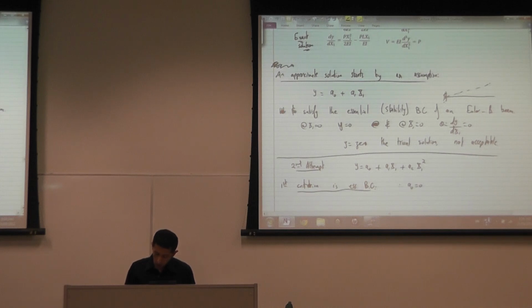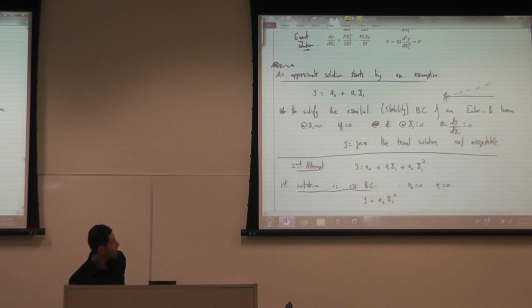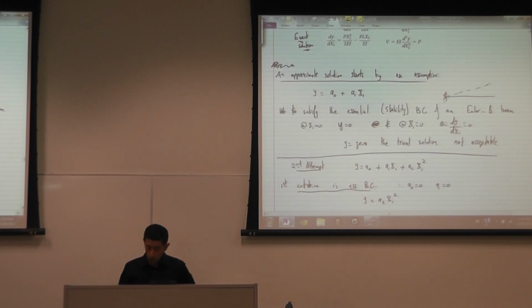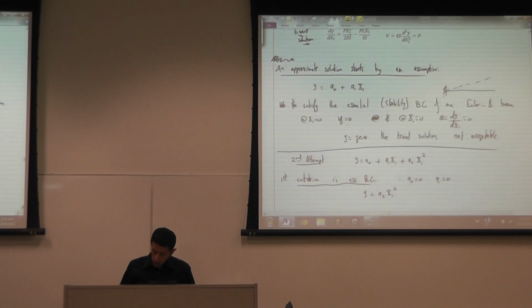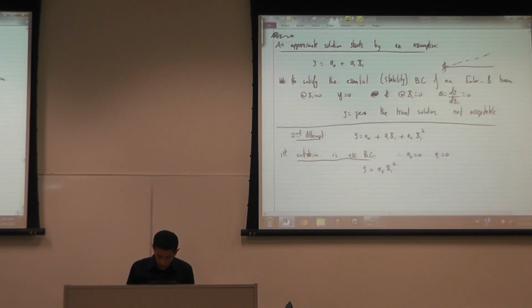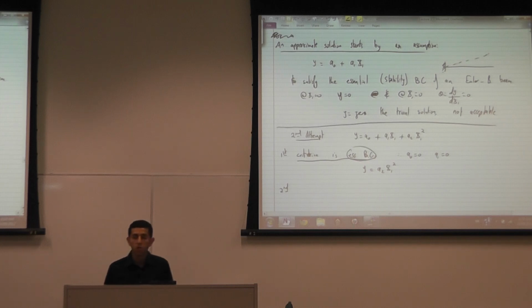A0 will be 0 and A1 will be 0, which means I'm assuming that this is my displacement of the beam. So the first difference between this and the previous problem is the boundary conditions. The boundary conditions in the beams under axial load was just the displacement. Beams under lateral load is the displacement and the rotation.